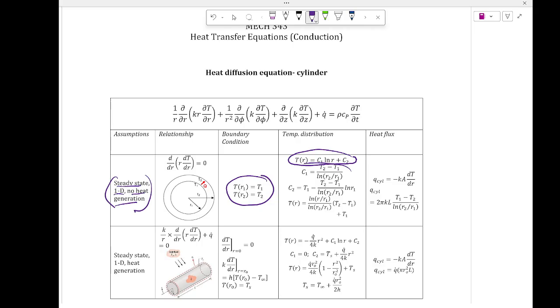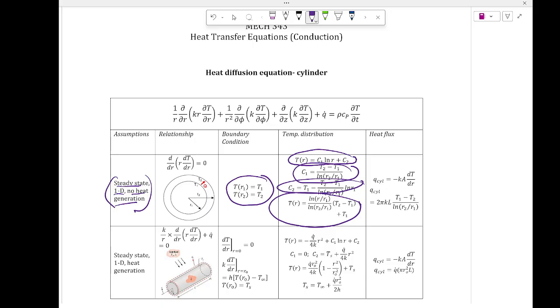Use these C1, C2 values, whatever is written here, and use this final thing. Just simply write it. You don't have to solve the differential equation. Then life will be much easier, right, Logan? Everybody agree with me? I did show you one of the derivations before. I don't want to show the same thing again and again, because this is the similar way you're going to find this temperature distribution, right?